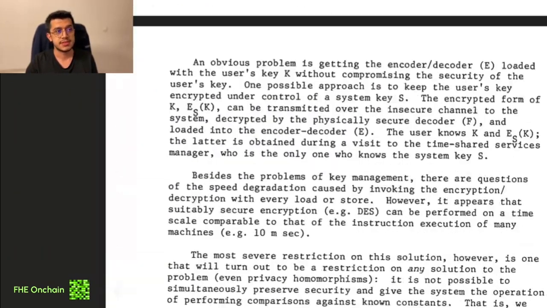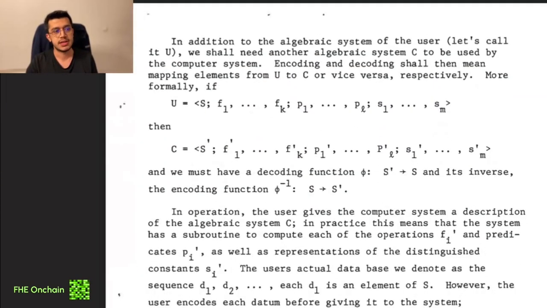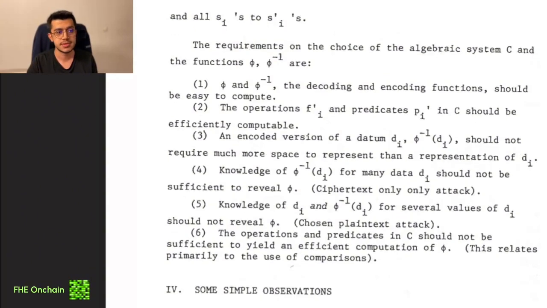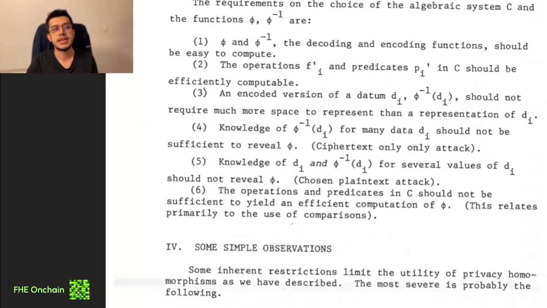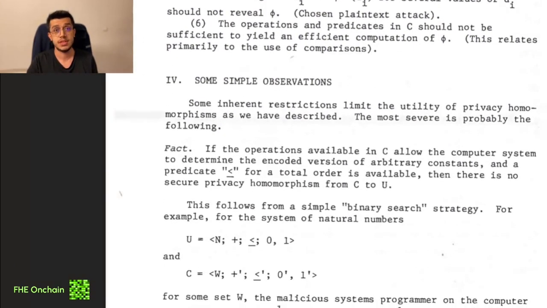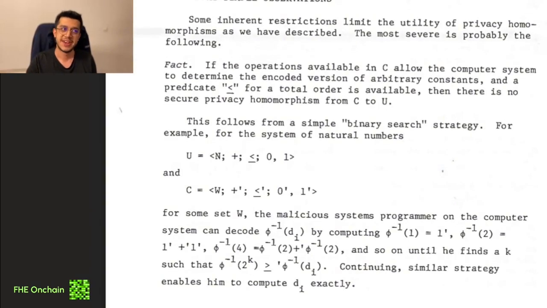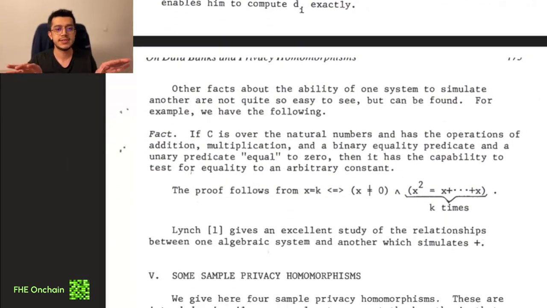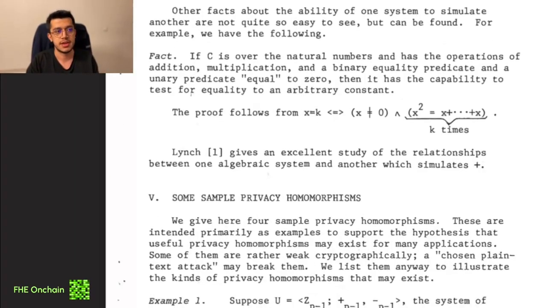Another thing is, as it should be, it determines some sort of concrete requirements before directly going forward to choose the algebraic systems, the user systems, and corresponding homomorphisms. And after stating these requirements, it makes some relatively simple observations, and all these preliminary steps make it ready to go forward directly.